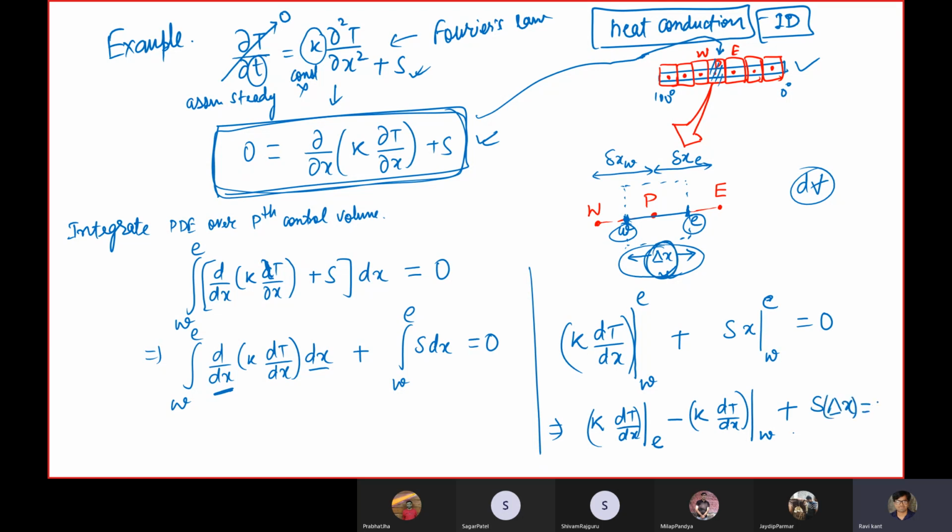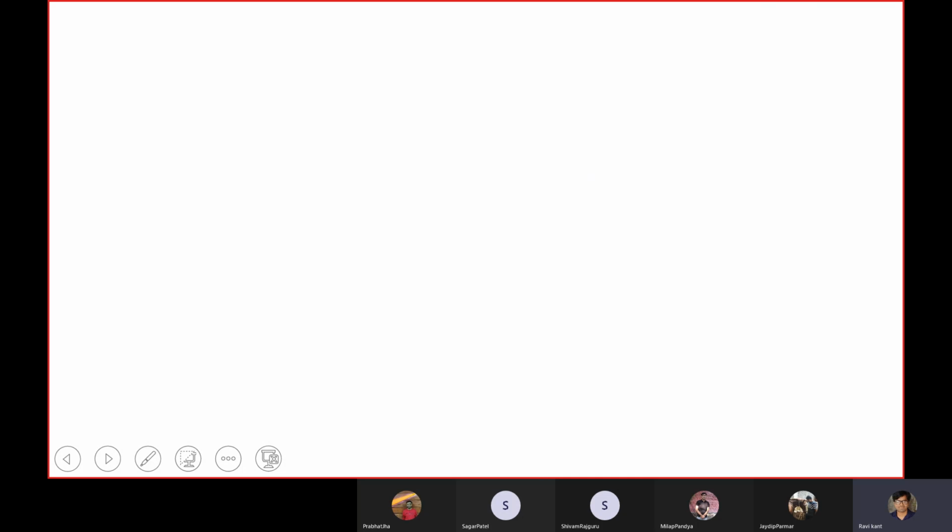This is equal to 0. Let me move one step ahead. So this is k dT by dx at east face minus k dT by dx at west face plus S delta x equal to 0.